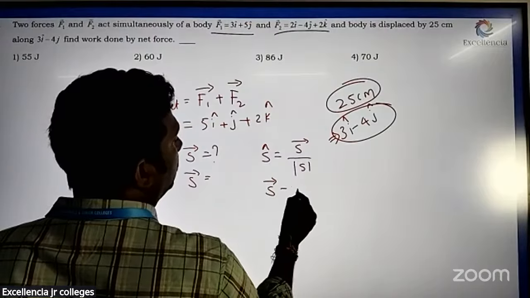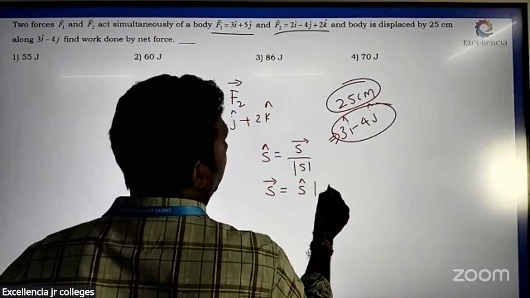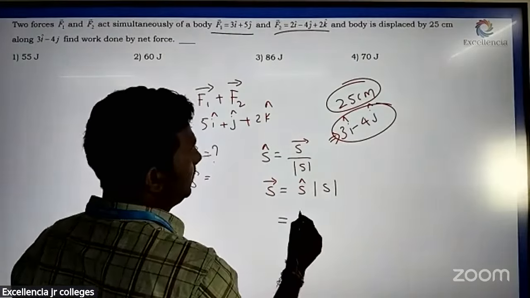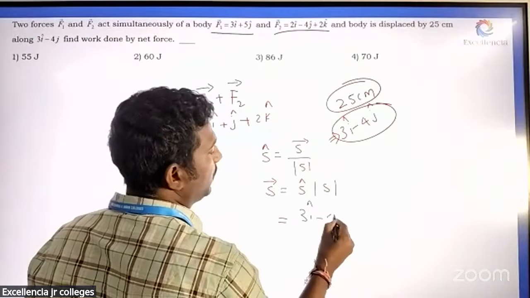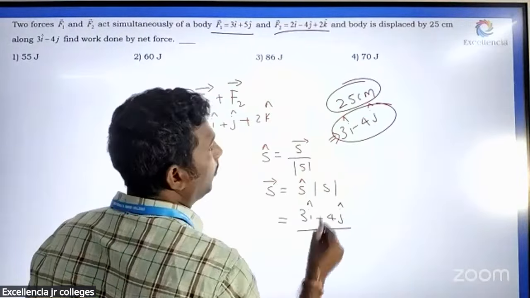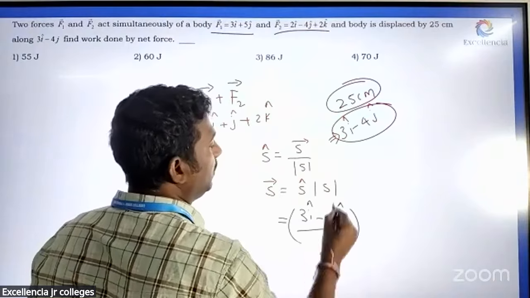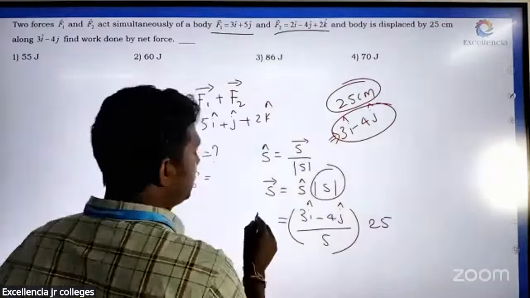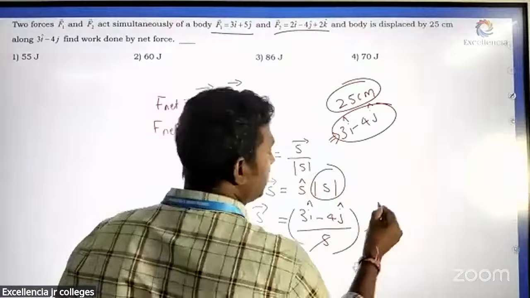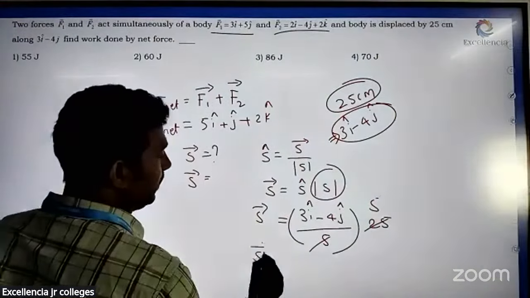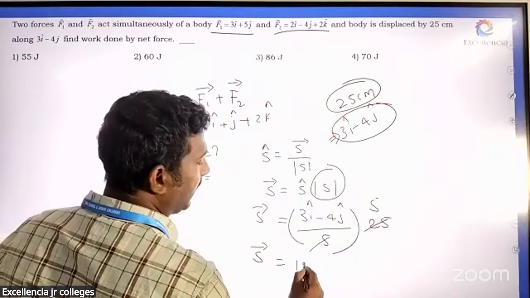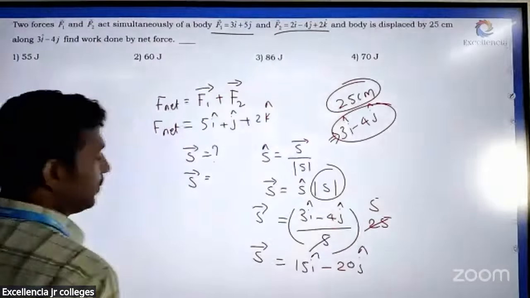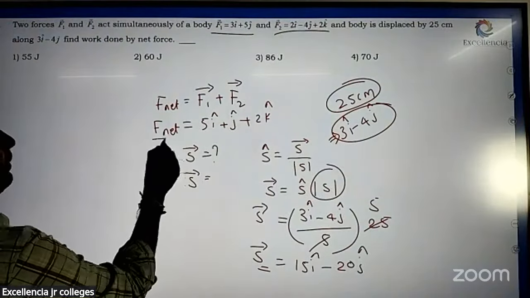Unit vector along this direction means 3 i cap minus 4 j cap by mod, which will be 5, into the magnitude of the vector, which will be 25. So S bar, how much are we getting here? 5 times 15, we cancel out. So S bar equals 15 i cap minus 20 j cap. So we have S bar, we have F bar vector.